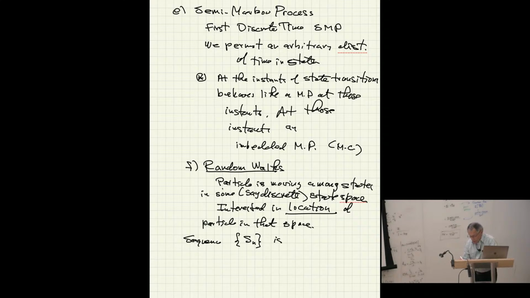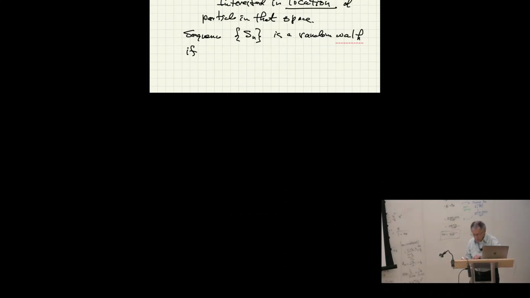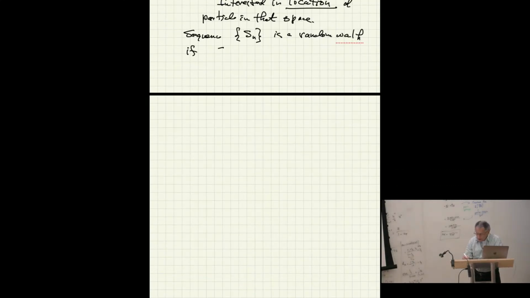And say it's a random walk if that sequence Sn is equal to x1 plus x2 plus dot dot dot plus x sub n for n equals 1, 2, etc. Namely, it's moving in such a way that you're adding together the points it's been in before.